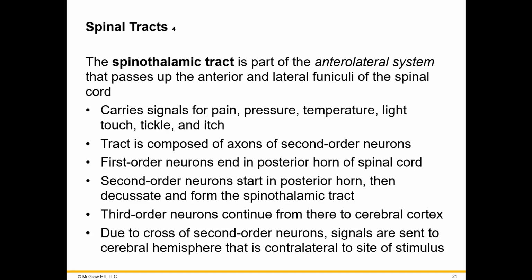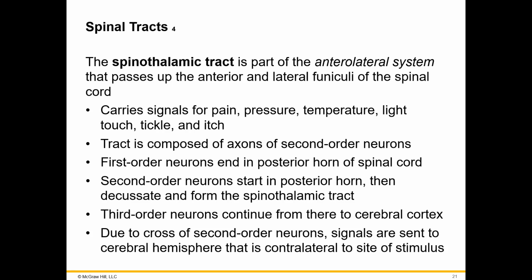The first order neurons end in the posterior horn of the spinal cord. We said that. We said that which horns of the spinal cord deal with sensory stimuli, posterior or anterior? Posterior. So that is your dorsal posterior horn dealing with sensory stimuli.